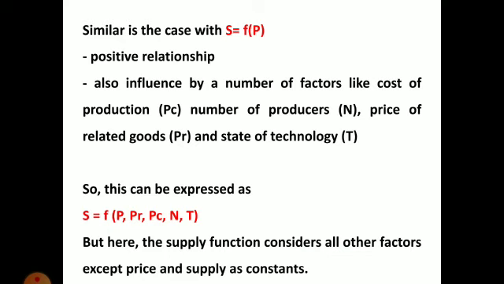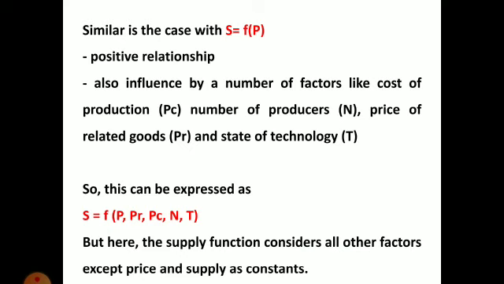So too many factors influence supply. In the earlier supply function, we took only two variables, namely supply is a function of price. But here, when we know there are a number of factors, how do we express it? We say S is equal to F of P, that is price, PR, price of related goods, PC, cost of production, N, number of producers, T, the state of technology.